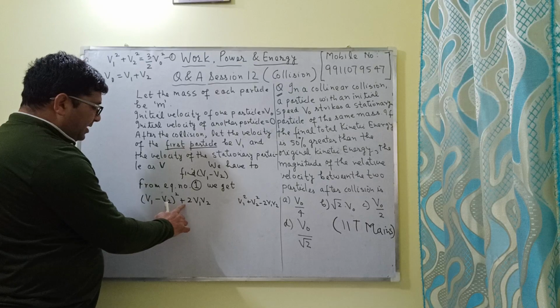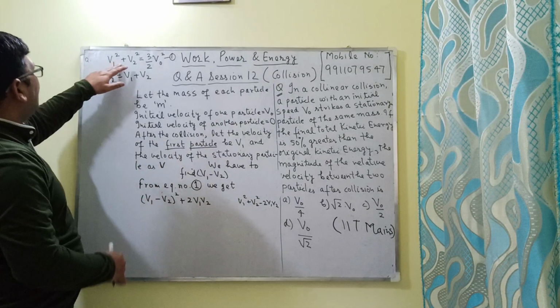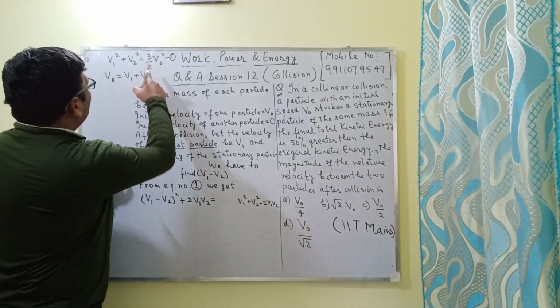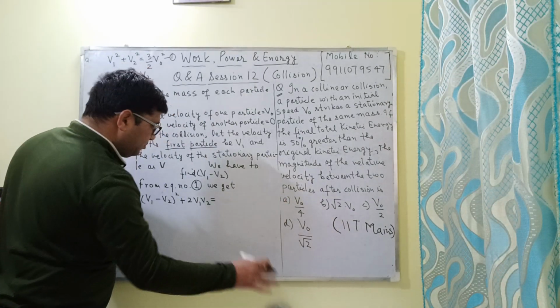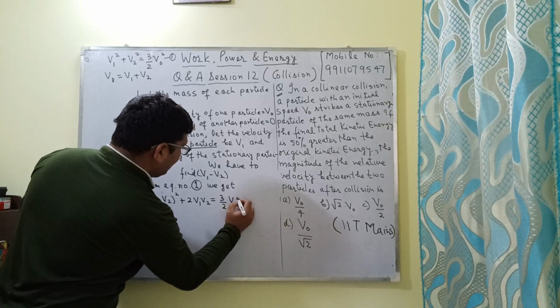I have written plus 2 v1 v2 so that I get v1 square plus v2 square. This is now equal to 3 by 2 v naught square.